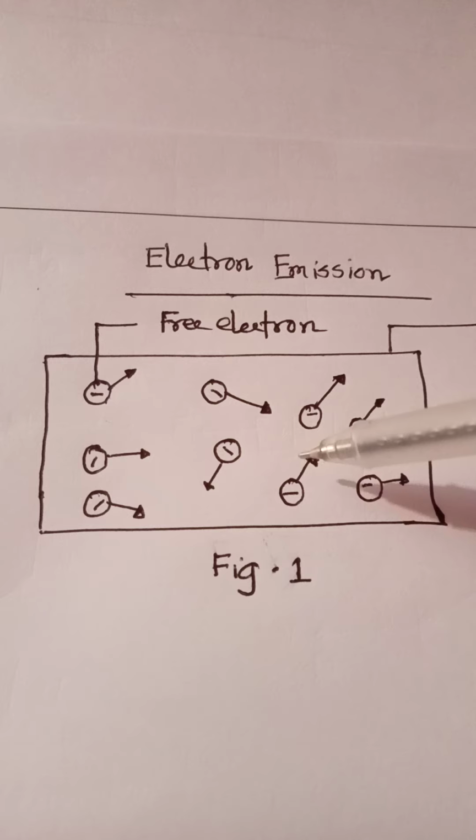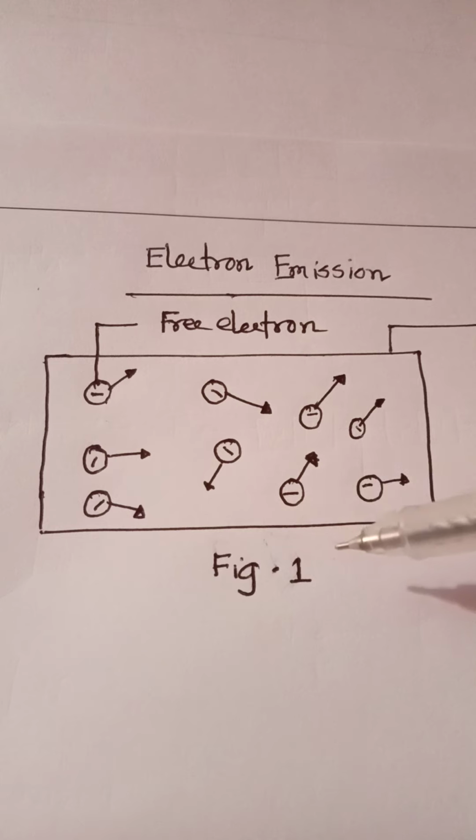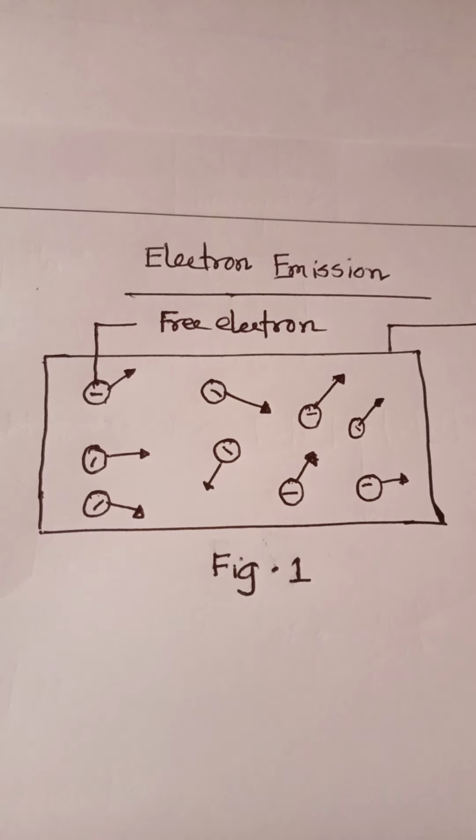It is because a free electron at the surface of the metal has the positive nuclei behind it pulling it back and none pulling it forward. At the surface of the metal, a free electron encounters a force that prevents it from leaving the metal.